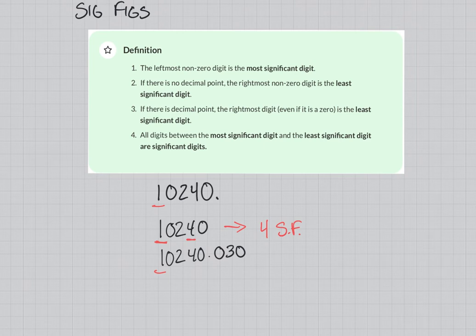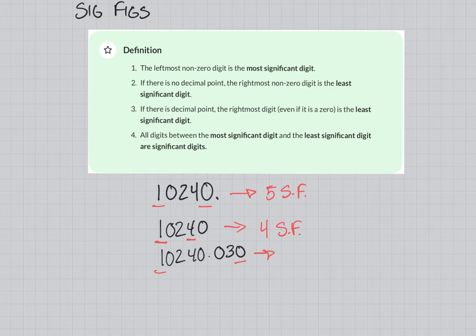Okay, the one above it, if there is a decimal point, the rightmost digit, even if it is 0, is the least significant. So this is going to be my least significant digit right there. And so this then would have 5 sig figs. And then same thing here. Least significant, if I count through 1, 2, 3, 4, 5, 6, 7, 8, this is going to have 8 sig figs.